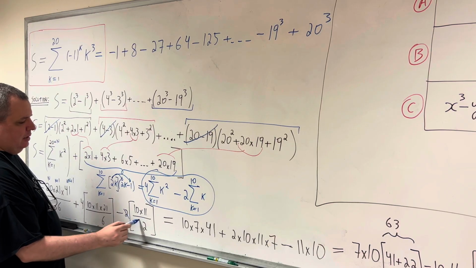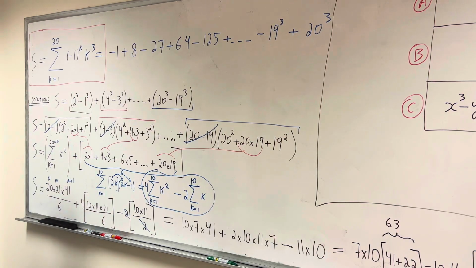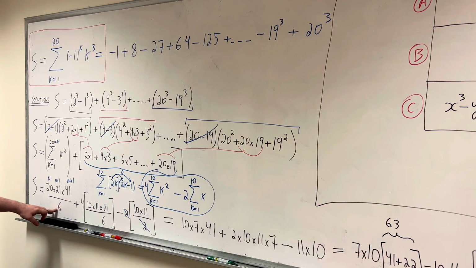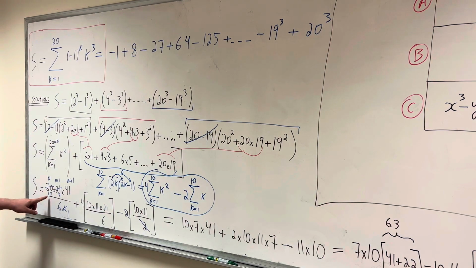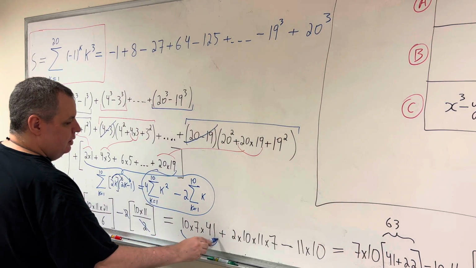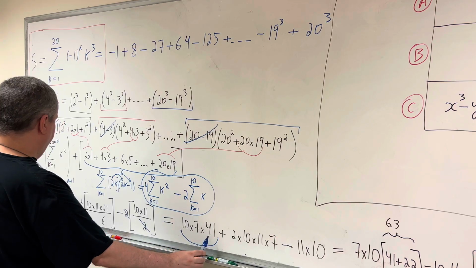I can cancel this, obviously. And here I have a 6 in the denominator, and I have a 21, so I divide by 3. This becomes a 7, this becomes a 2, but here this 20 becomes just 10, and that becomes just 1. So I have a 10, a 7, and a 41. It's here. A 10, a 7, and 41.